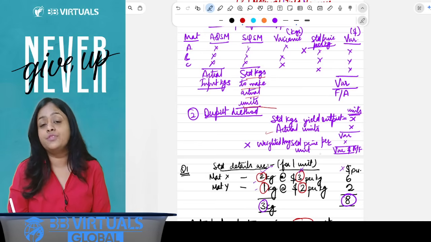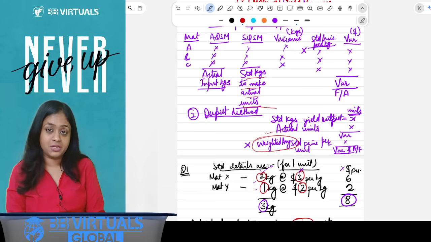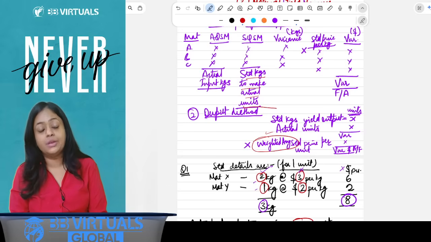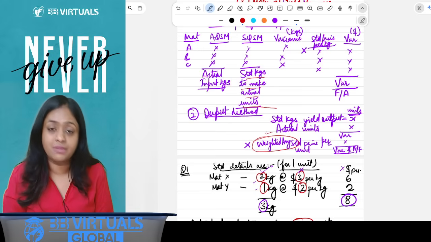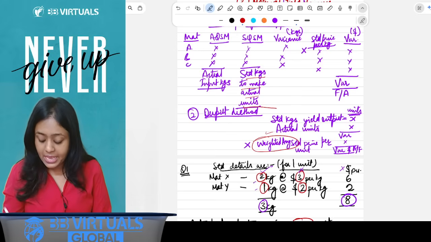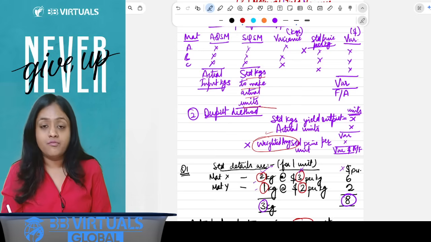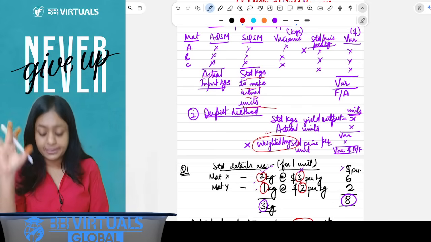But of course, if there are multiple products, then I need to calculate the weighted average standard price per kg. Weights are always calculated by multiplying the quantity with the price. Then we take the weighted total of it and divide it. So simply we take the weighted average standard price per kg, and here you will get your variance. Whether you calculate by the output method or input method, your variance will be the same.